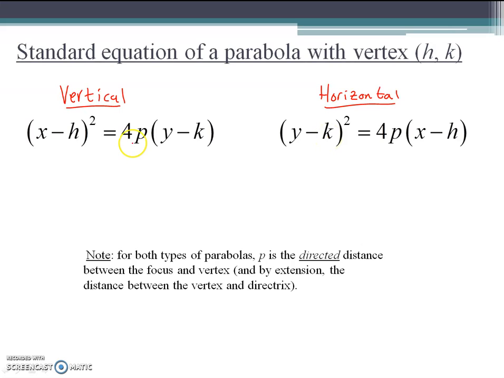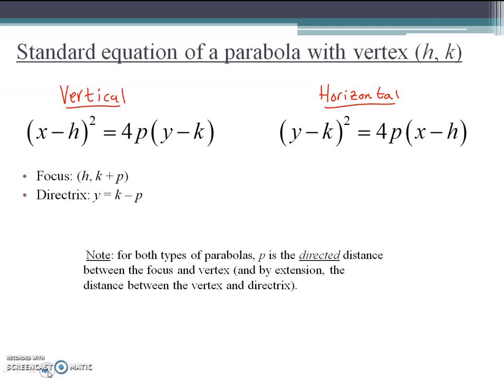And this p value is basically a way of determining how thin or wide the parabola is. Now, this p value is a directed distance. It gives you the distance from the focus to the vertex. So if it's positive, it goes up. If it's negative, it goes down. That would be in a vertical parabola. In a horizontal parabola, if it's positive, it goes right. If it's negative, it goes left.